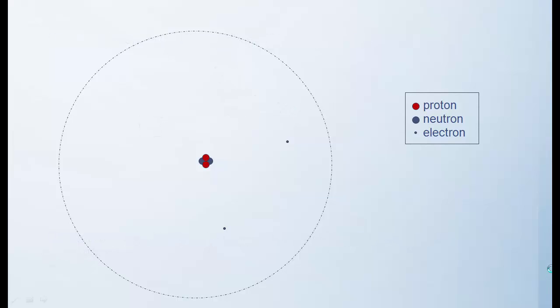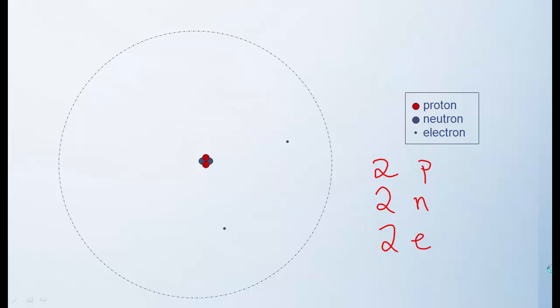Now, if we were actually to zoom in and look at this cartoon depiction of an atom, we would find here that we have two protons, if you count the red spheres in the middle in the nucleus, and we also have two neutrons. We have two electrons, and this is just a coincidence.